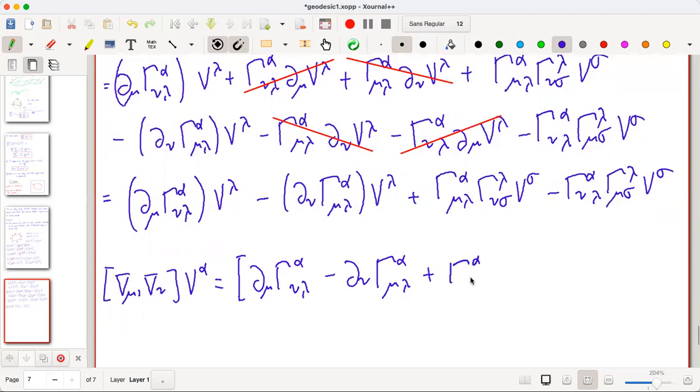By doing that, I have sigma nu lambda, right? And this one is alpha nu sigma mu lambda. So now all of them are multiplied by v of lambda.